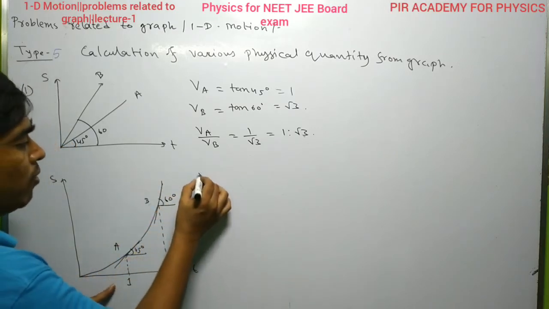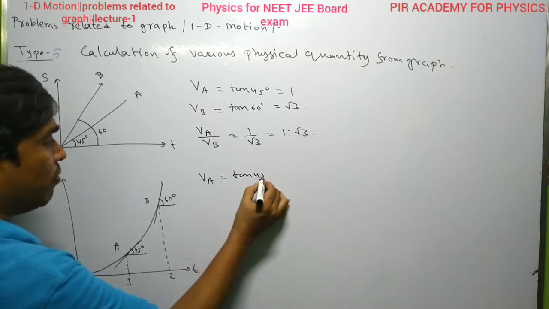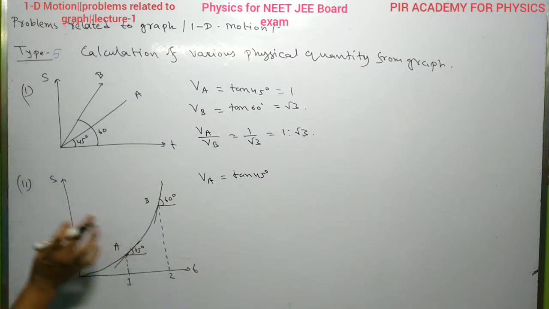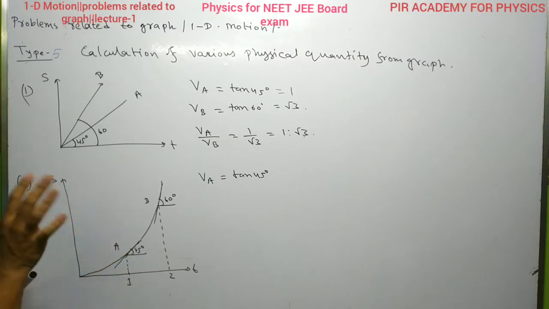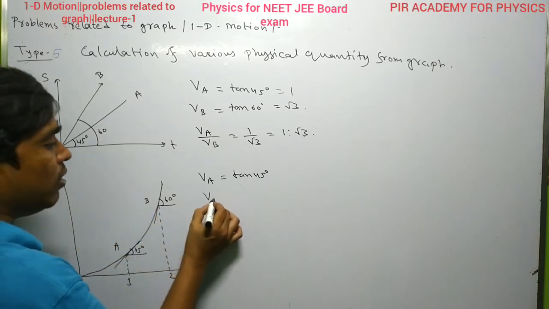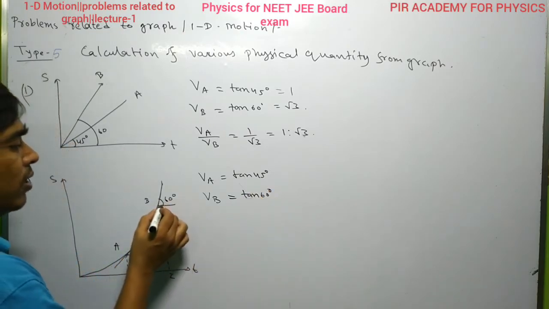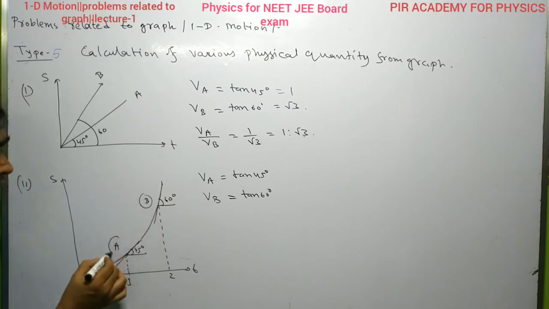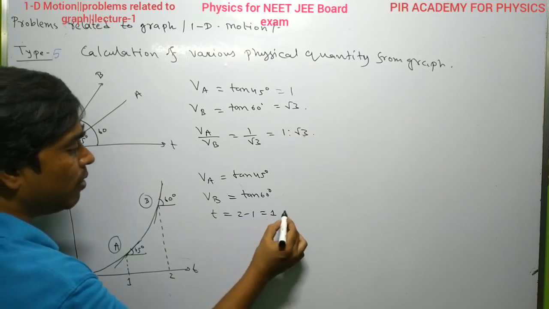That means the velocity at A will be tan 45 degrees, because it is an ST graph, and the slope of an ST graph gives the velocity at that point. So at point B it will be tan 60 degrees. The time taken by the particle to reach B from A is 2 minus 1, that means 1 second.